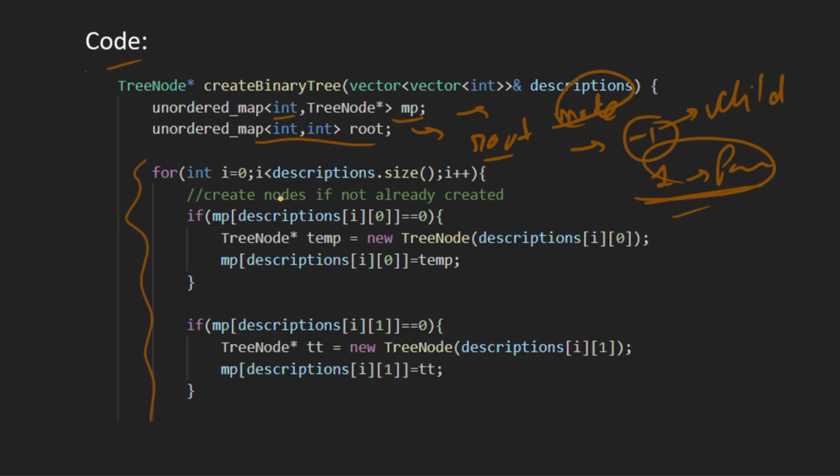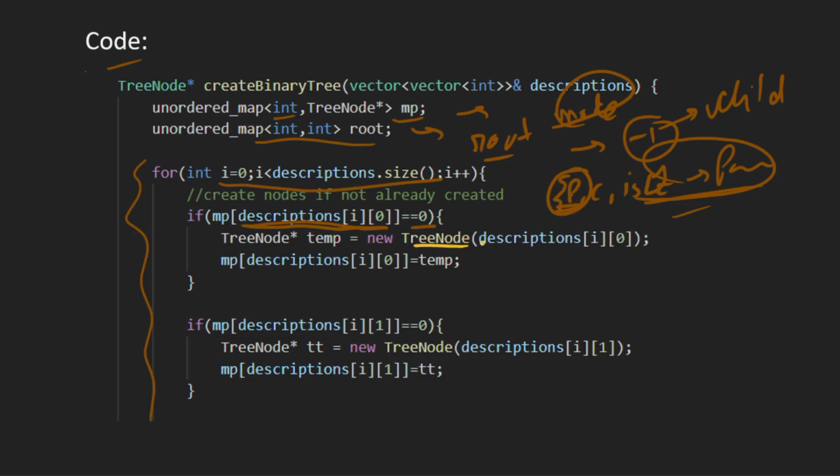And then we have iterated over the description array, and in the description array we have parent, child, and is left. So first of all we check for parent, is a node already created for parent or not? So if it is 0, that means there is no node created for the first value, that is parent.